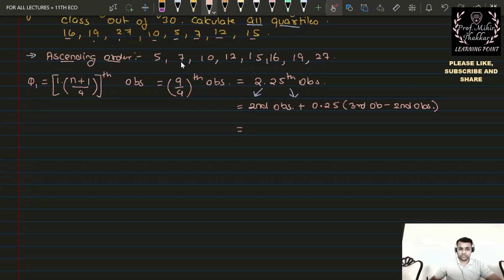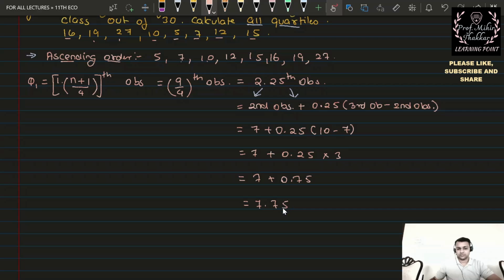So second observation over here is 7 plus 0.25 multiplied by 10 minus 7. So 7 plus 0.25 multiplied by 3. Now 25 into 3 is 75. So I can take over here 7 plus 0.75. That comes out to be 7.75. So that is the required answer for Q1.